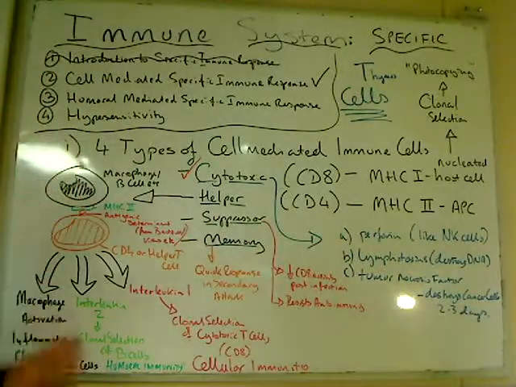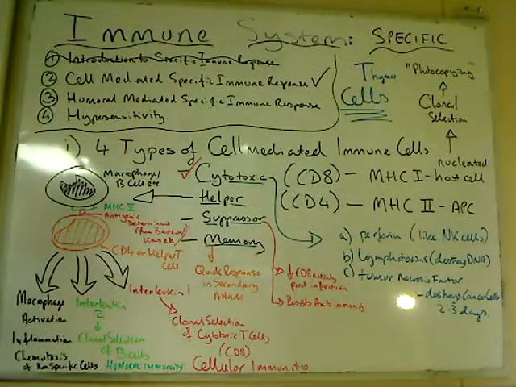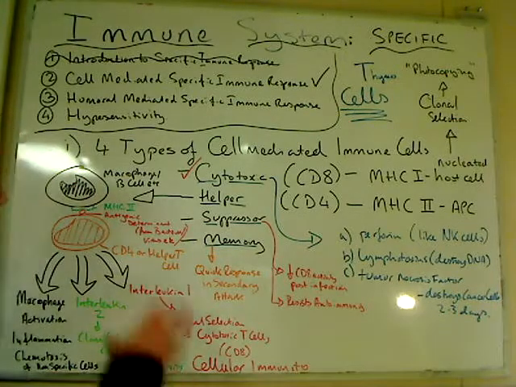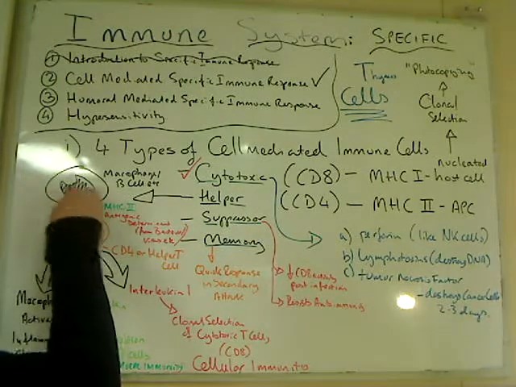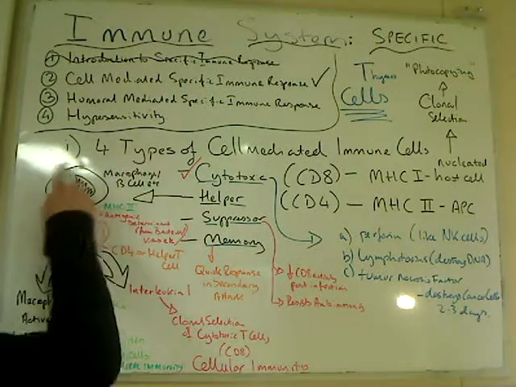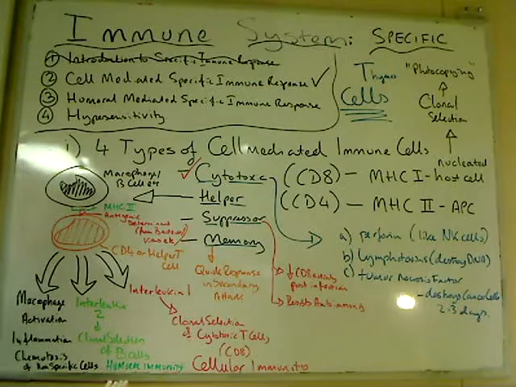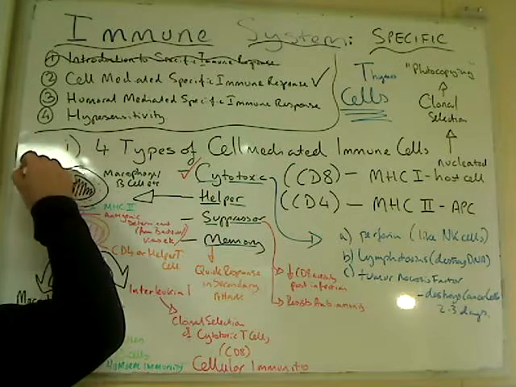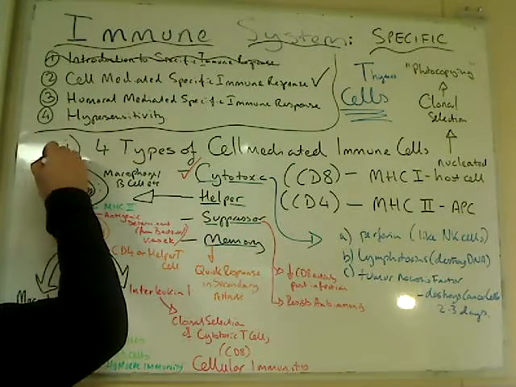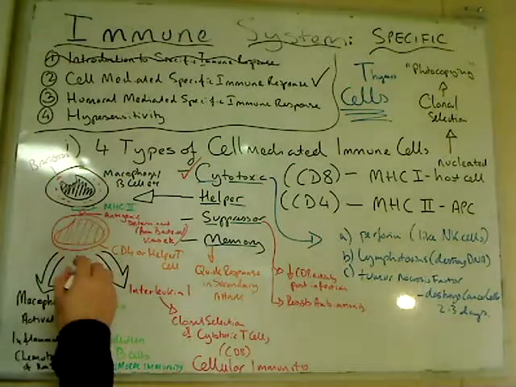So here on this side, this is pretty much the same diagram as you have in the PowerPoint lectures, so I urge you to look and listen to that as well. But here's your macrophage, or your B cell for example, and it's engulfed a bacterium. So the bacterium has been essentially destroyed inside it using lysozymes.